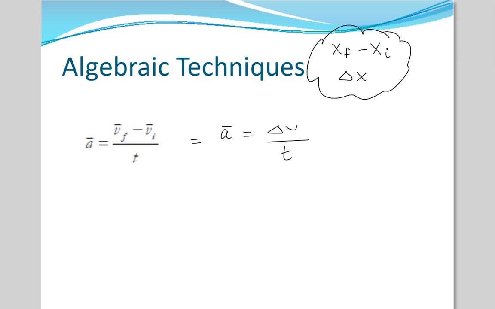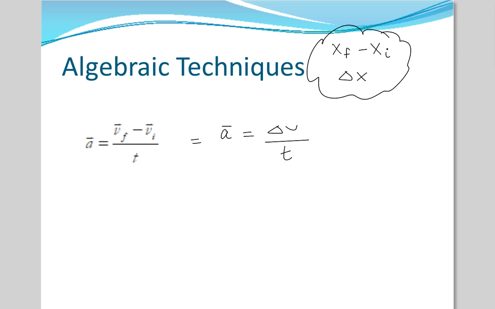Delta v over t. So what does that say? The change in speed or velocity divided by time. So what happens if you go from 0 to 100 real quick? You recognize that? Obviously. You go from no speed at all to 100 kilometers an hour quite quickly.